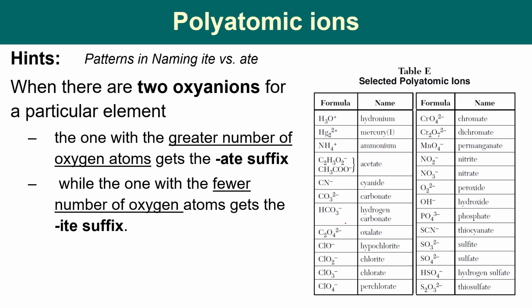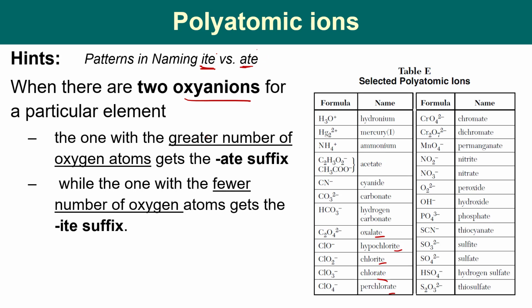To help you do that, there are some patterns in naming when you are dealing with all your ites and your ates. So there are lots of oxyanions, or what they call oxoanions, that are on here. These are basically polyatomic ions that have oxygen as a major component. And you will notice many of them end in ite and some of them end in ate. So let's talk about the differences between ite and ate.